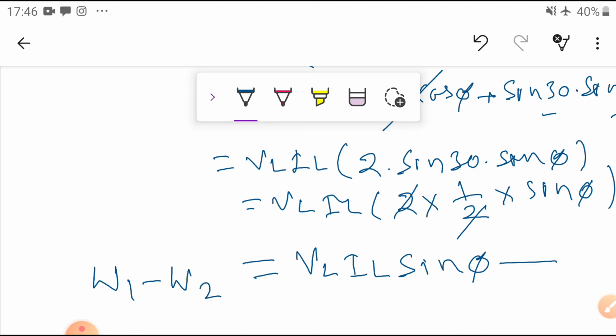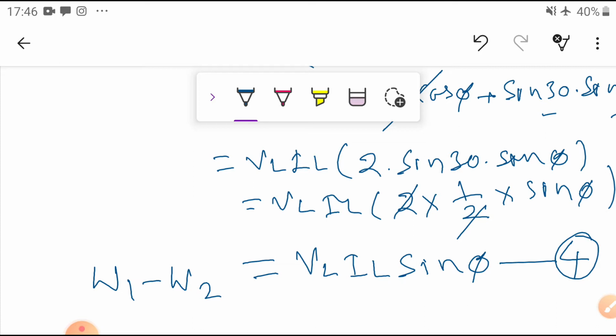Let us assume this is the fourth equation. If added, W1 plus W2, I get root 3 VL IL cos phi. If I subtract the wattmeter readings, W1 minus W2, I get VL IL sin phi, that is the reactive power.